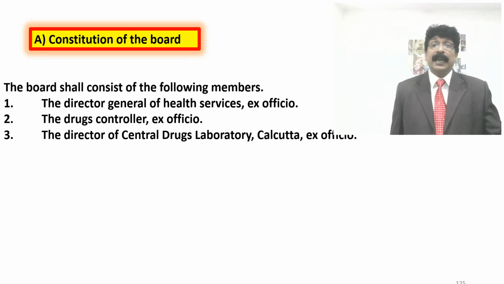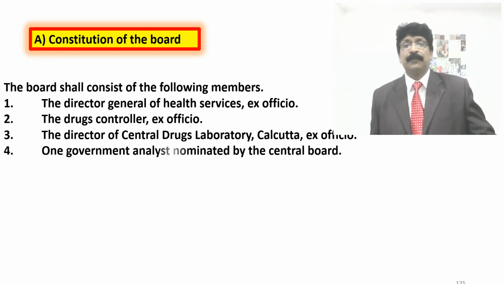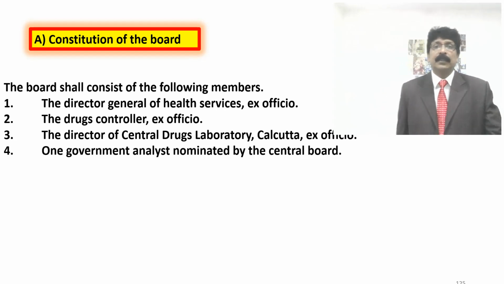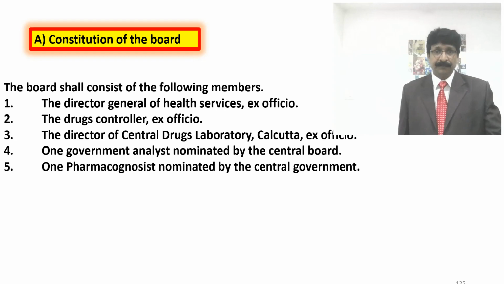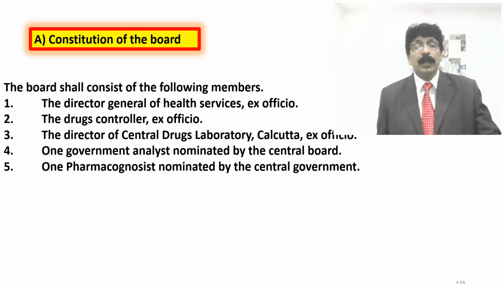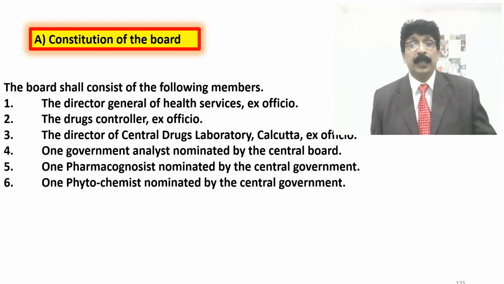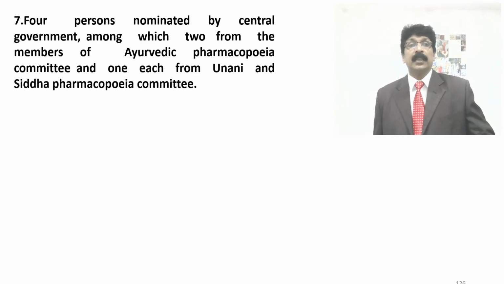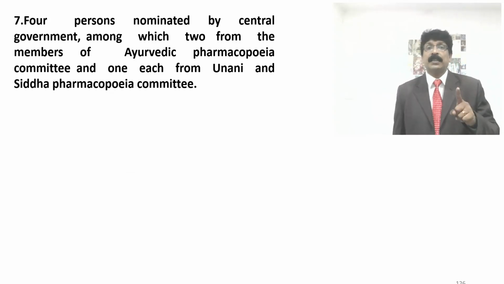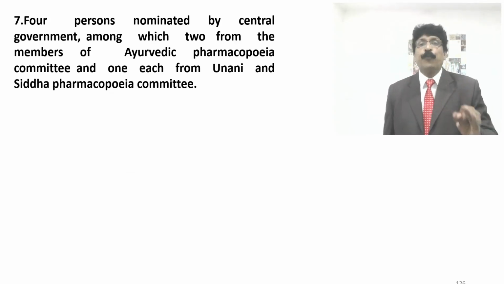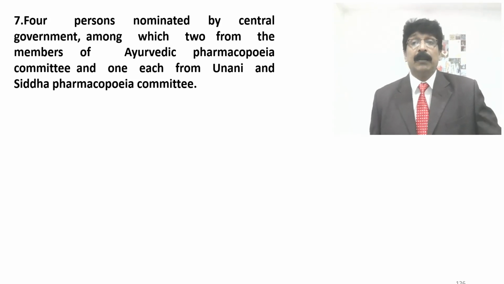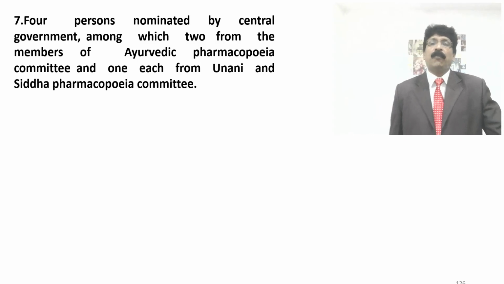The Director Central Drug Laboratory, Calcutta, is also an ex officio member. 1 government analyst nominated by the central government. 1 pharmacognosist nominated by central government. 1 phytochemist nominated by the central government. 4 persons nominated by central government, among which 2 from member of Ayurvedic Pharmacopoeia Committee and 1 from Unani and 1 from Siddha Pharmacopoeia Committee.